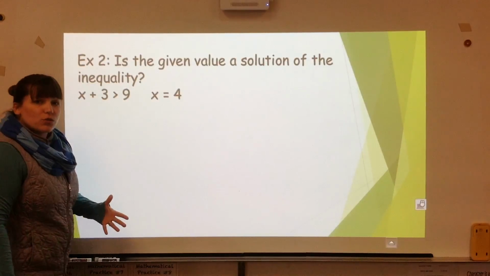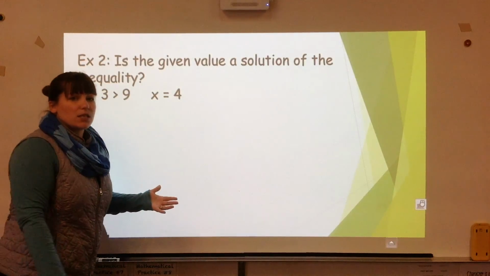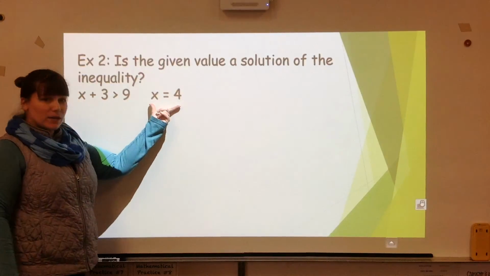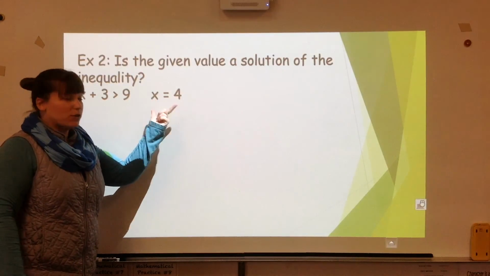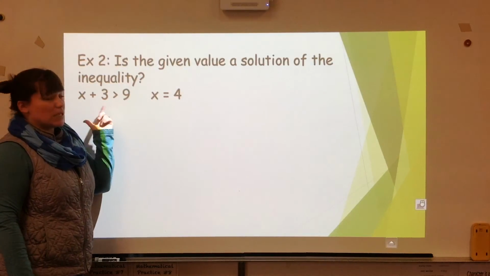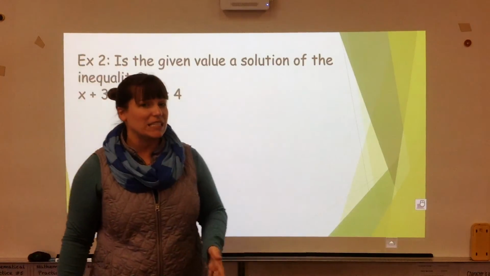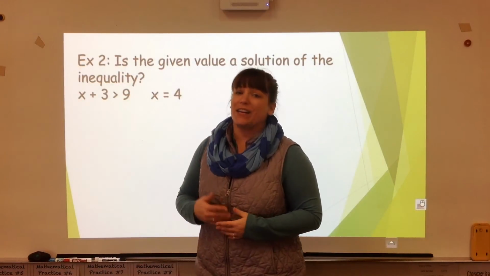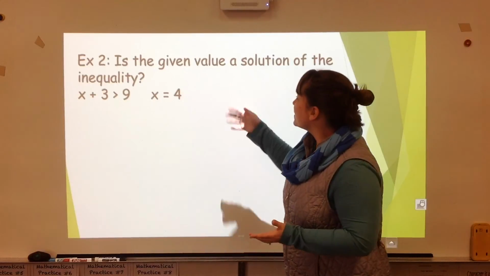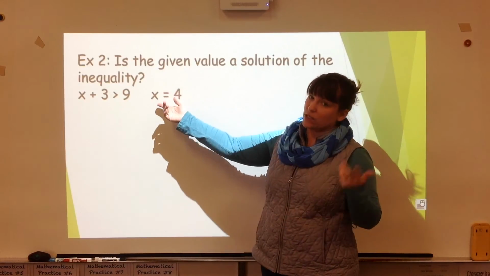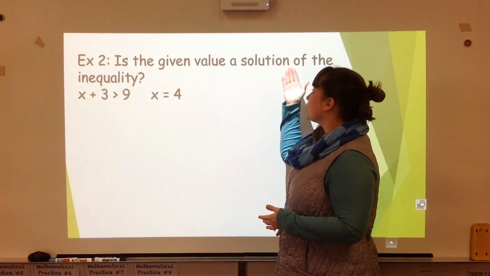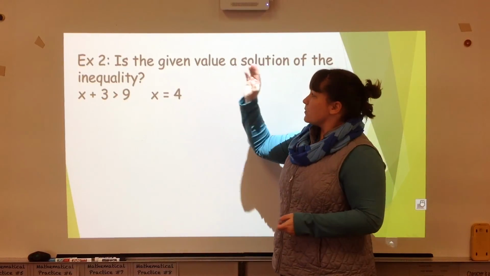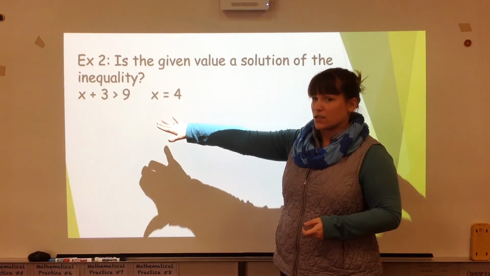For example 2, you might also see that you have one possible solution for an inequality, and all you have to do is test it out and see if it works, and answer yes or no. So is the given value, x being 4, a solution of the inequality? So will it work in this inequality?